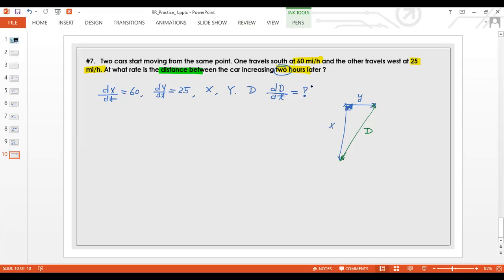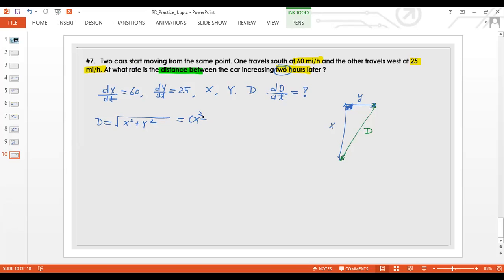Okay, so just like we talked about before, let's try to put all this together. D here is the Pythagorean theorem, so this one is not bad. D is equal to the square root of x squared plus y squared, correct? Now I will simplify this a little bit.